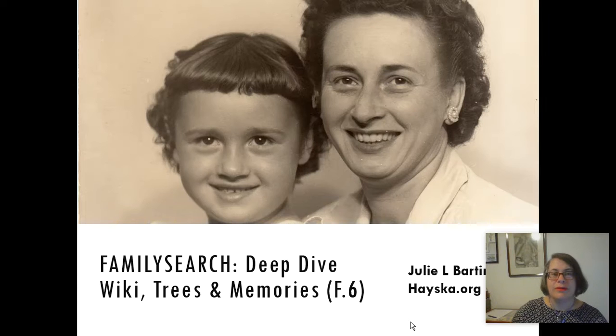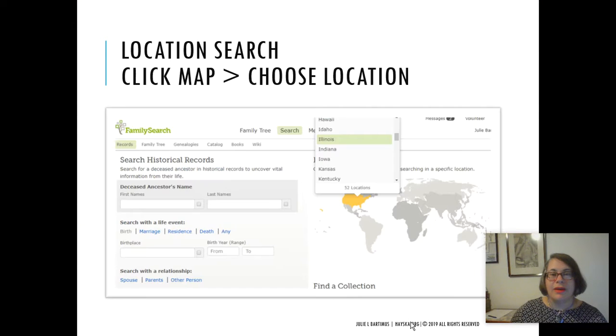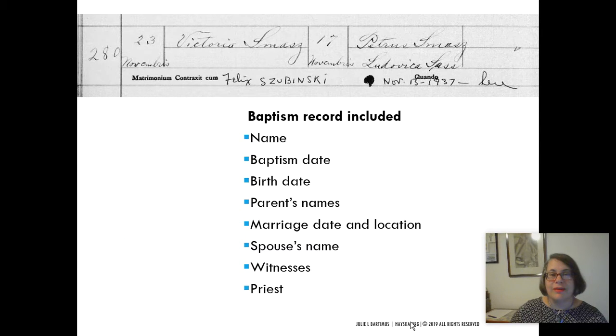So this is the baptism, or part of the baptism record for my grandmother. I only did a part of the first page because otherwise it would be too small. But even on this part of the page, it includes her name, her parents' names, and her husband's name.